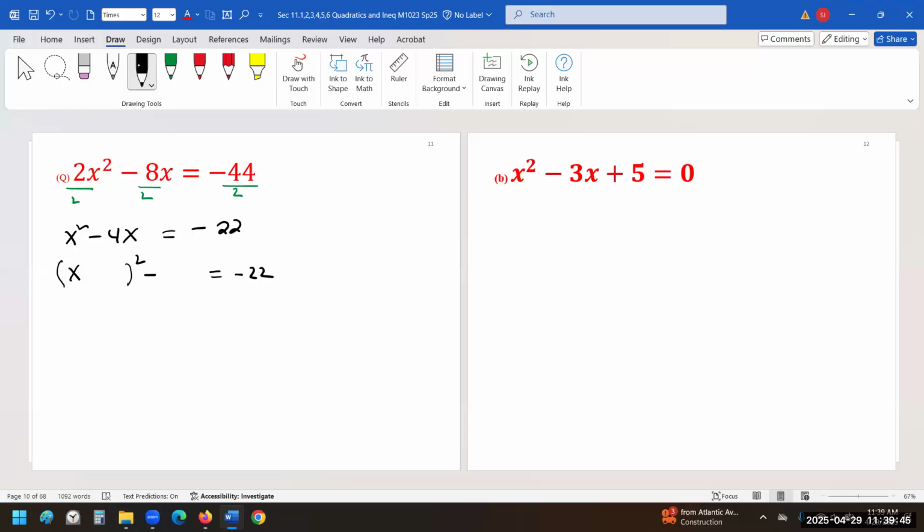Can you combine them? So 2 plus minus. This one is plus minus, right?